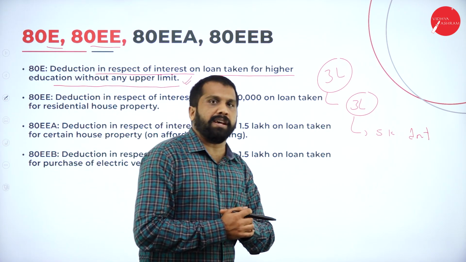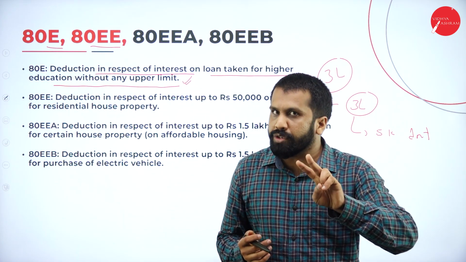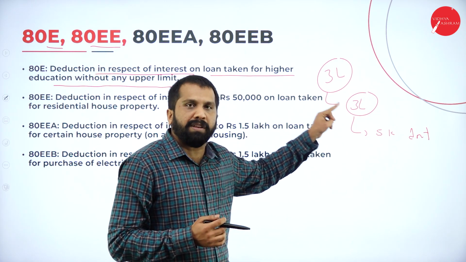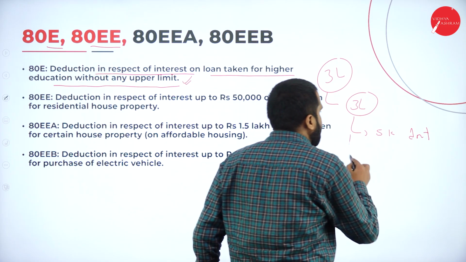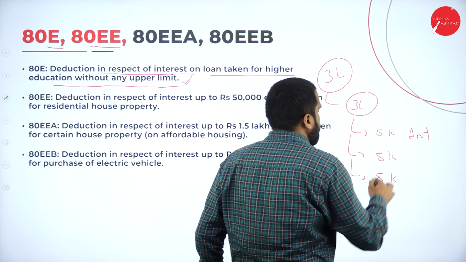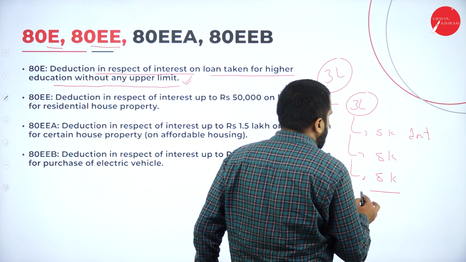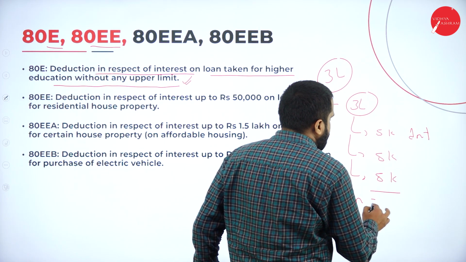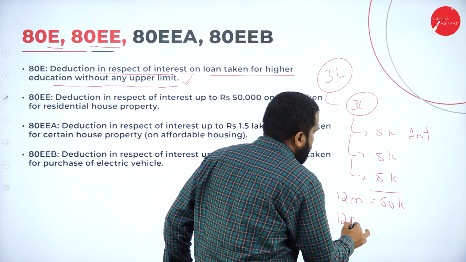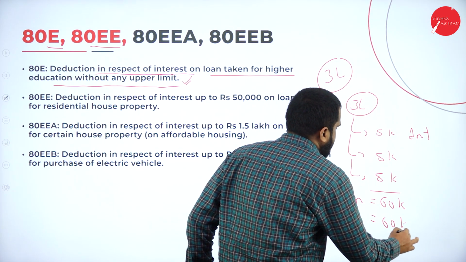Now, your MBA will complete in how many years? 2 years. Till 2 years, your parent will not pay 1 rupee of the 3 lakh. Every month they will pay 5k as interest. Per year, for 12 months, it will be 60,000. Again, the second year, it is 60,000.